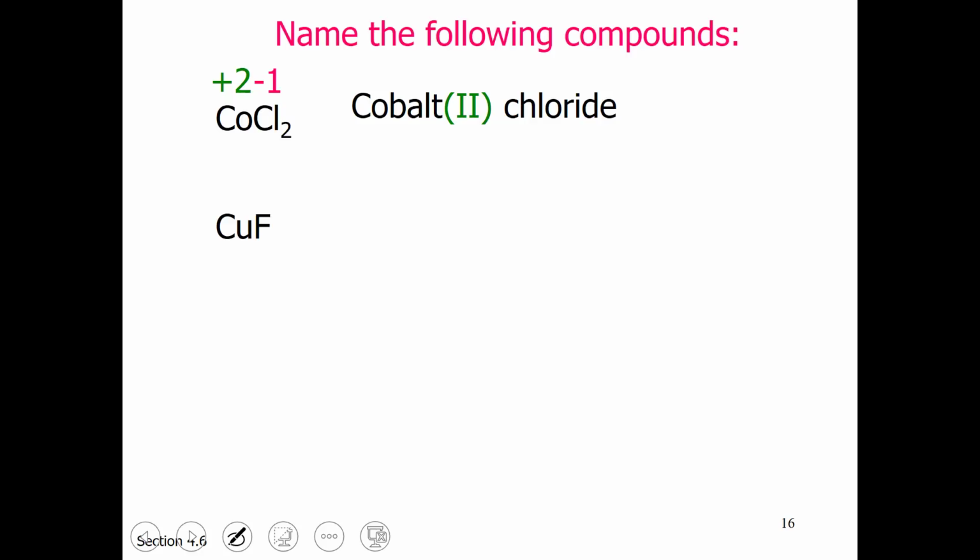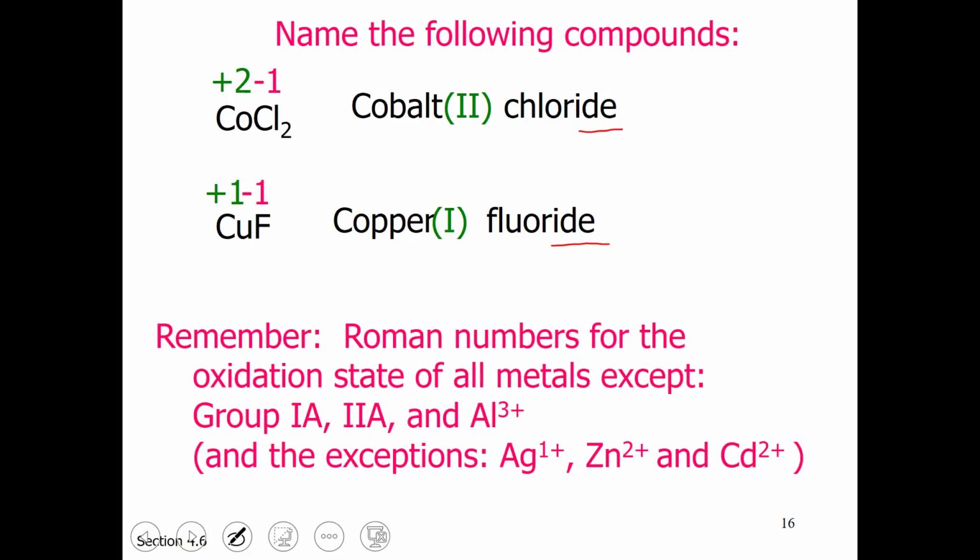Copper with fluorine. Okay, once again, this is a transition metal, so fluorine would be -1, copper would be +1. We would call this copper 1 fluoride. And don't forget, I am still using the "-ide" ending for my anions because they are monoatomic anions.